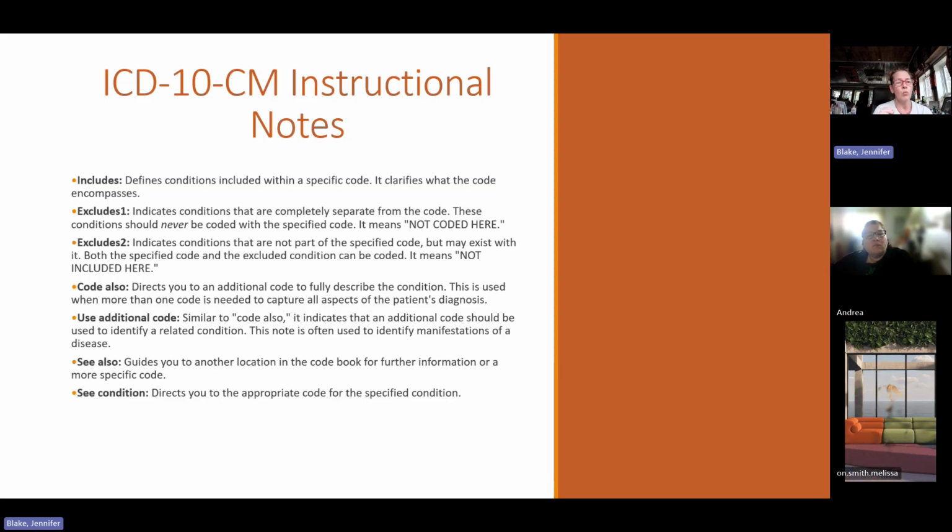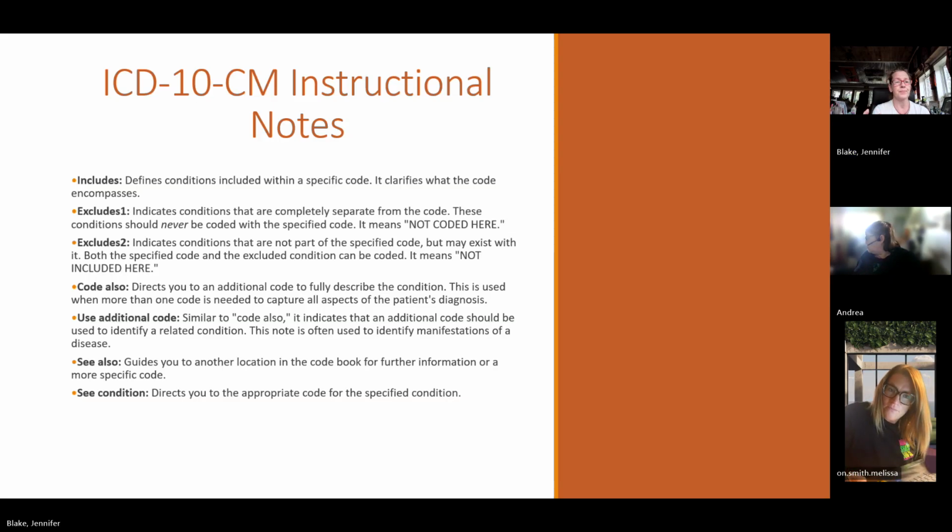Your Excludes1, okay, so Excludes1 is going to let you know what conditions are completely separate from that code that you're looking at. So these codes should never be coded with this code. It means not coded here. So Excludes1 means not coded here. Can never go together.